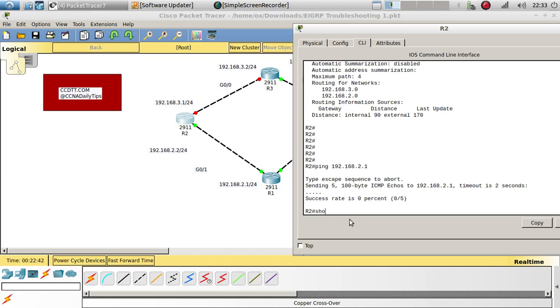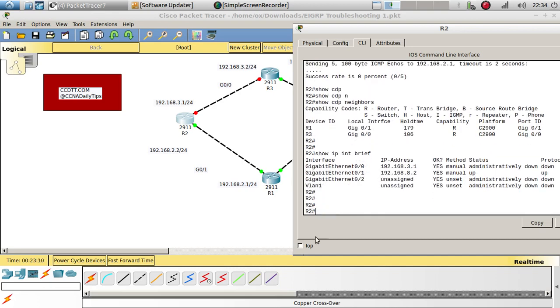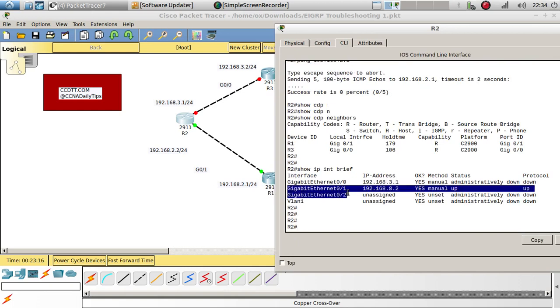Okay, let's go ahead and do a show CDP neighbors, and let's see what we have here. See if they are connected to the correct interface, because it's supposed to be on gigabit 1. So it is connected on gigabit 1 on router 2, and on the other end on router 1 it's connected to gigabit 1. So that's good. Let's go ahead and show IP interface brief. We can see right here that gigabit 0/1 is up and up, so it is running.